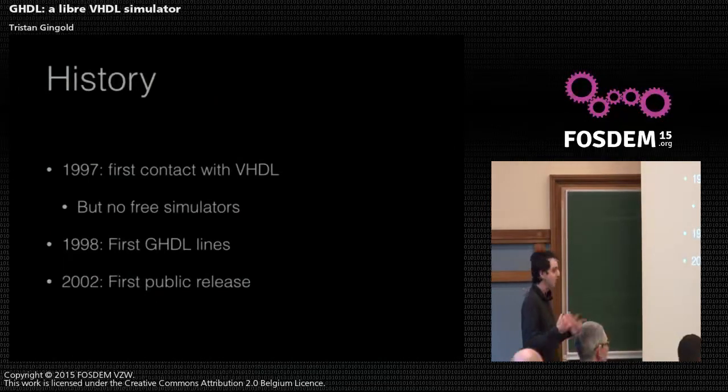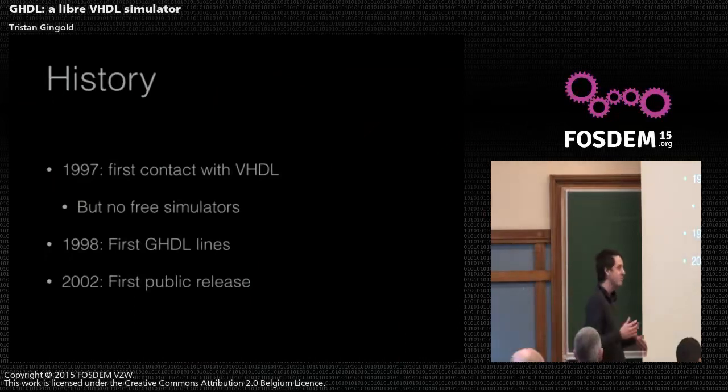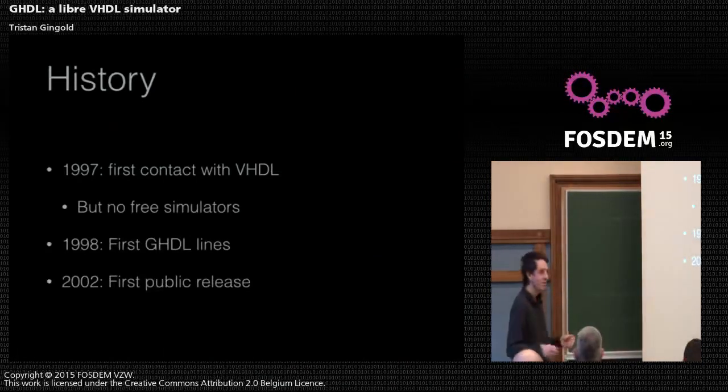So in order to learn a little bit more about the language, and because I wanted to use it at home, I started to write the project. Five years later, I made a public release. The first public release was 12 years ago, and it was already a quite complete VHDL simulator. The first step of the tool was never public.